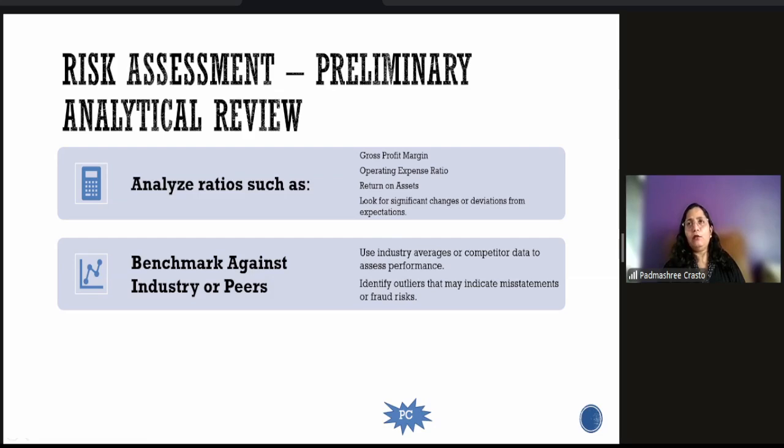So in the preliminary analytical review, we broadly look at P&L and balance sheet level, or we don't get into schedule grouping level generally to assess the overall risk. If need be, the data to be used for the purposes of any analytical review depends on the requirement. You can go into any level, any granular level, or you can do it at a higher level.